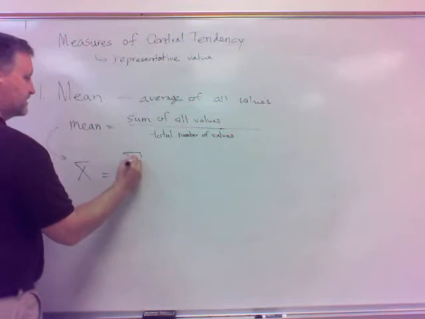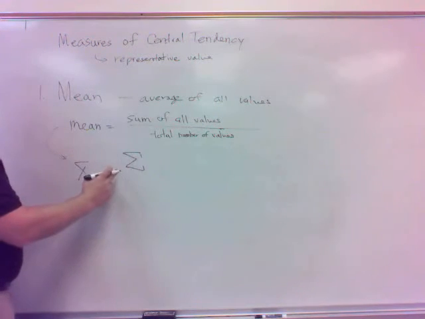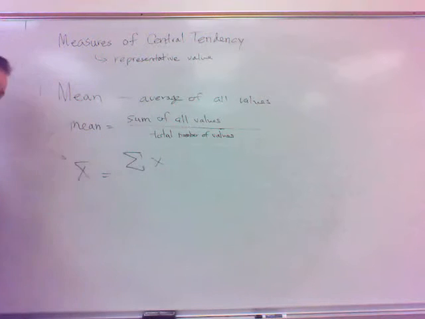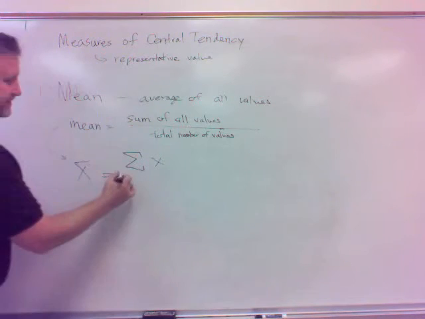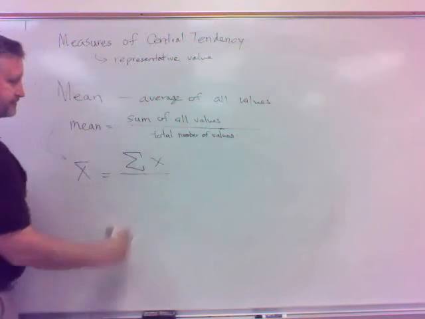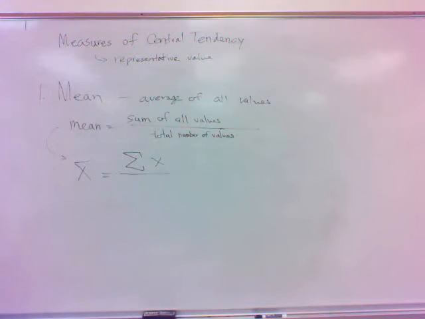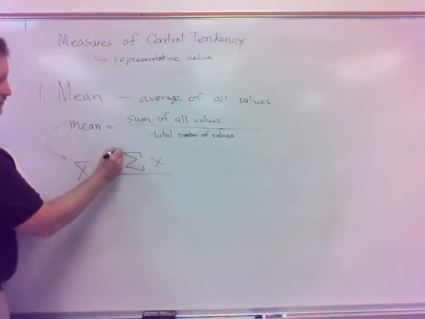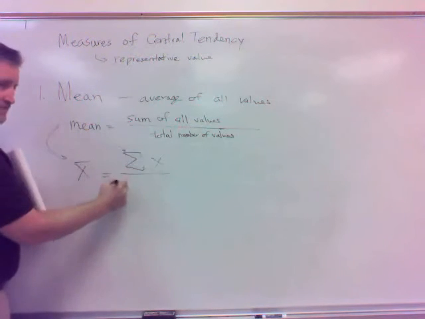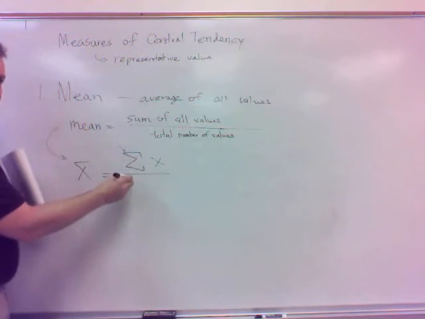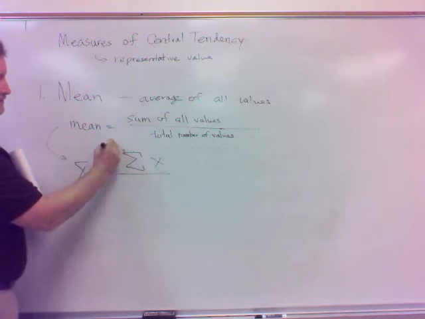Has anybody ever seen that symbol? Probably not. You may see it on some calculators too, but the mean can be described this way. This symbol, if you ever see it in mathematics, usually means sum. The summation symbol.